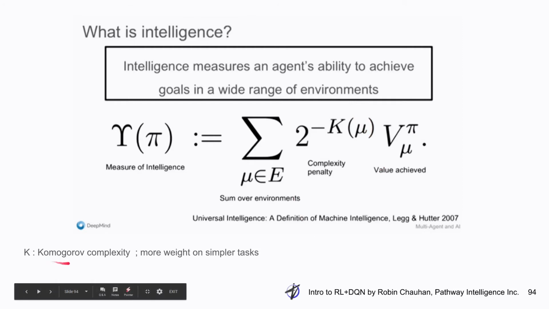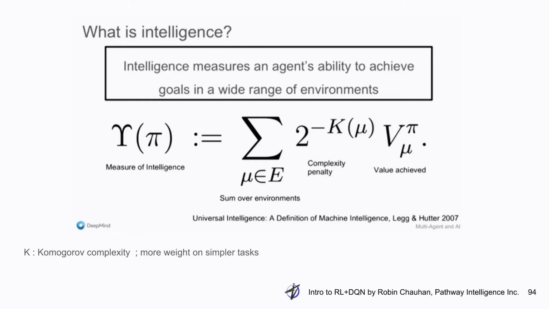The K is the Kolmogorov complexity of the environment. It's kind of a conceptual thing, but basically, if you have one agent that can solve a lot of different tasks in a lot of different worlds, that's more intelligent than an agent that can do one. That's their justification for saying this is a simple form of AGI.